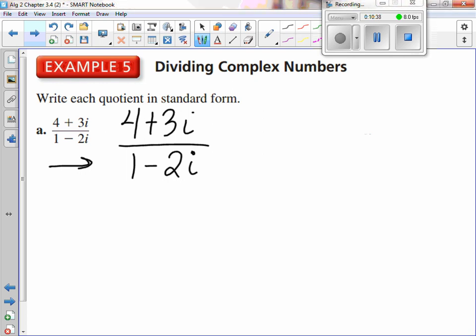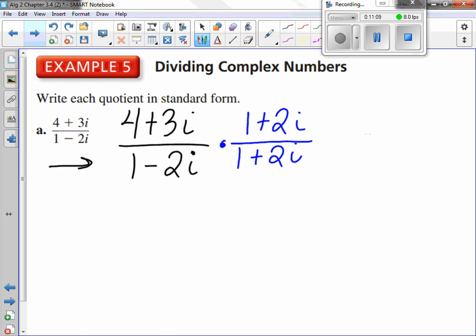So what we'll do here is we're going to multiply this by what I call a fancy 1. Because we said if I multiply the denominator by 1 plus 2i, the i terms will simplify, yes? What do I need on top? Because what is 1 plus 2i divided by 1 plus 2i? It's just 1. Anything divided by itself is 1, yes? If I multiply a number by 1, does it change its value?